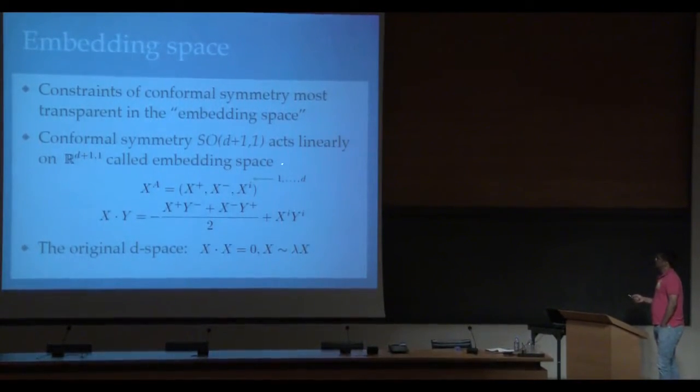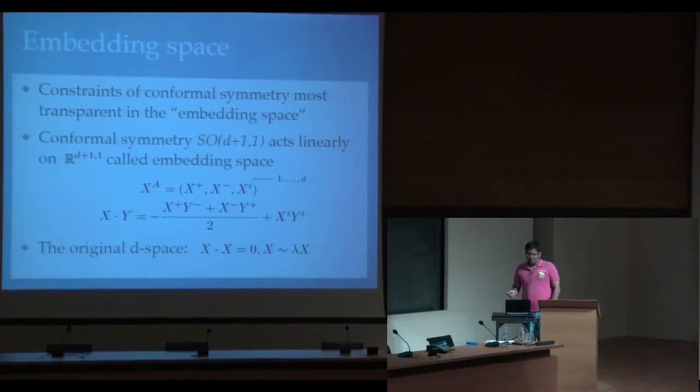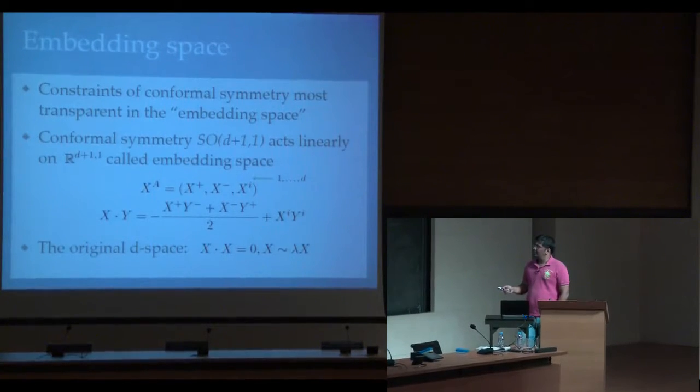Both these equations, you can see, are SO(d+1,1) invariant, and each of them gets rid of one dimension. Just to fix some notation, in the embedding space, I denote the vectors in the light cone as follows: x plus, x minus, and x^i, where i goes from 1 to d, which is the original dimension of the CFT. And this is the metric on the embedding space.